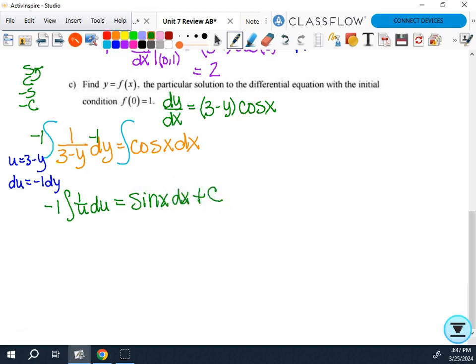All right, so then I have negative. Now when I integrate 1 over u, that becomes the natural log of the absolute value of u, and u is 3 minus y, and that's equal to the sine of x plus c. Once we integrate, there's no more dx there.